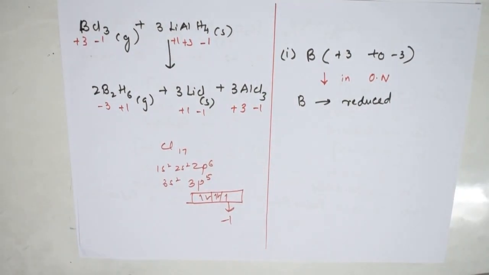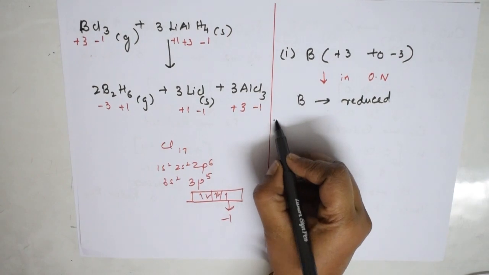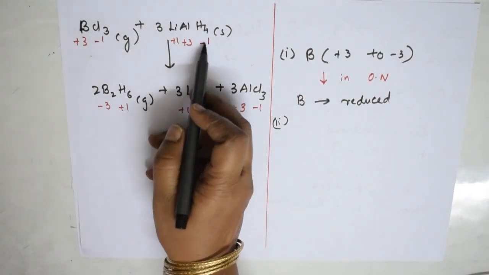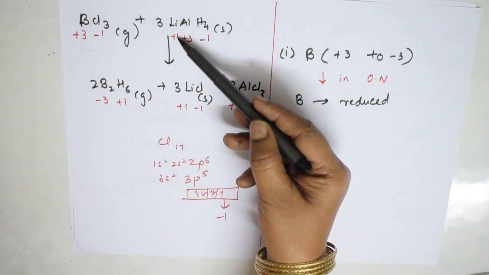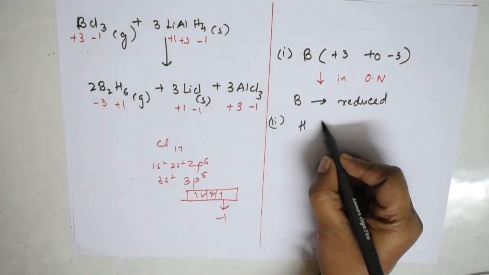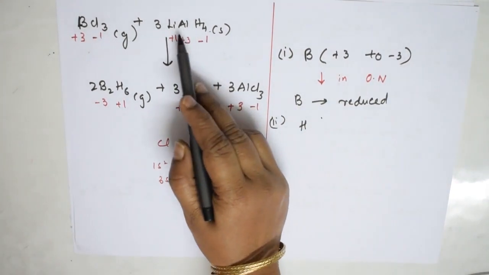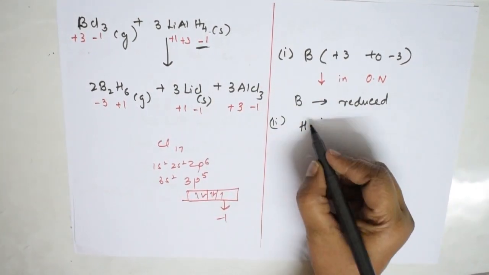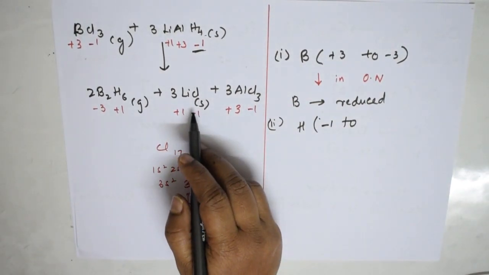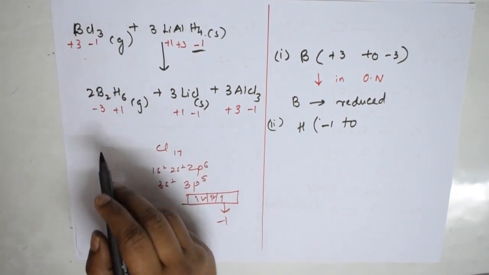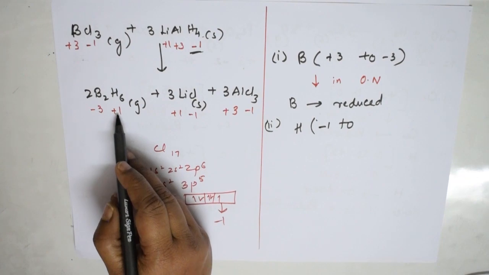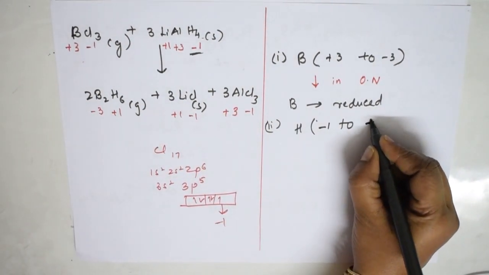Okay, done. Next, let us take the next example. Let us take hydrogen now, not lithium, because for lithium there is no change in oxidation number. Hydrogen in lithium aluminium hydride was -1. From -1, it has become +1 in B2H6.